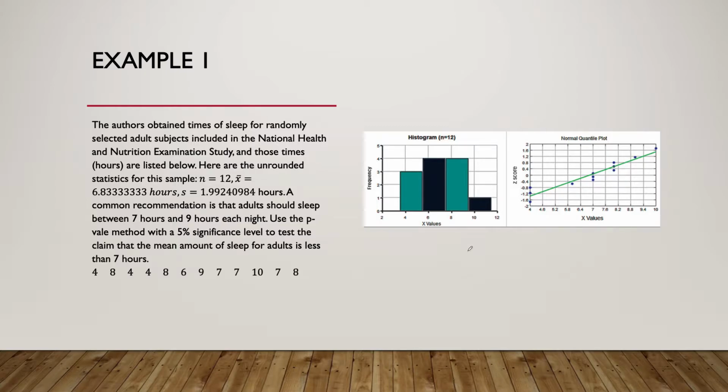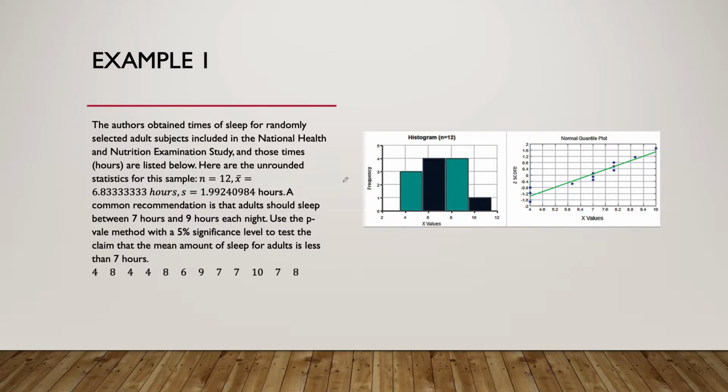So for example, the authors obtained times of sleep for randomly selected adult subjects included in the National Health and Nutrition Examination Study, and those times in hours are listed below. Here are the unrounded statistics for this sample.